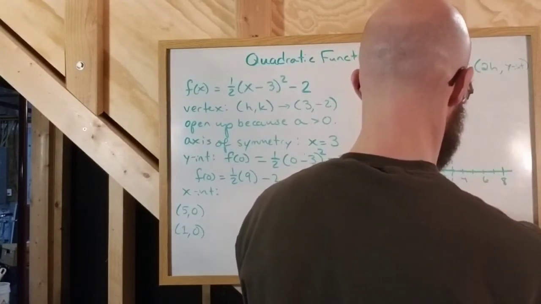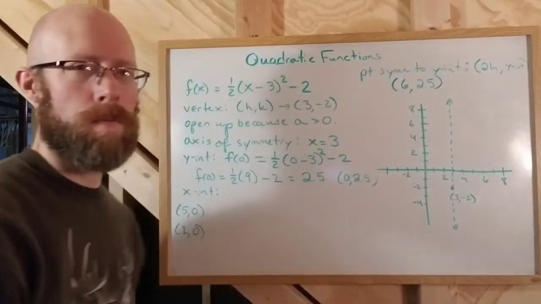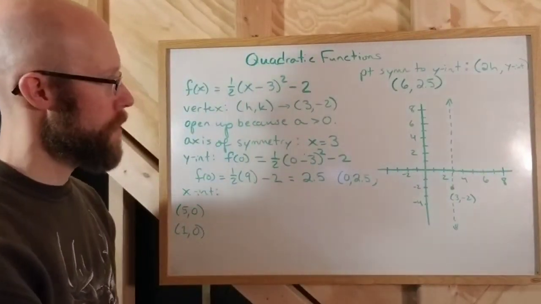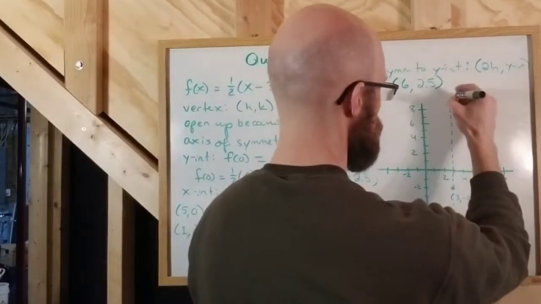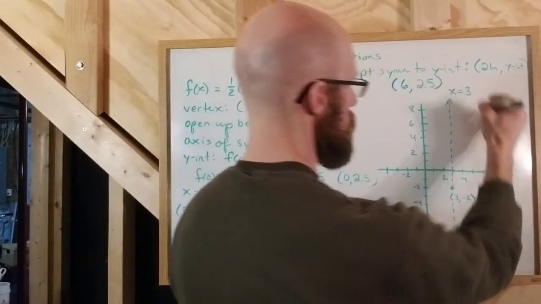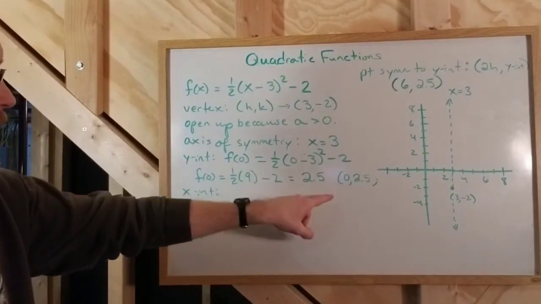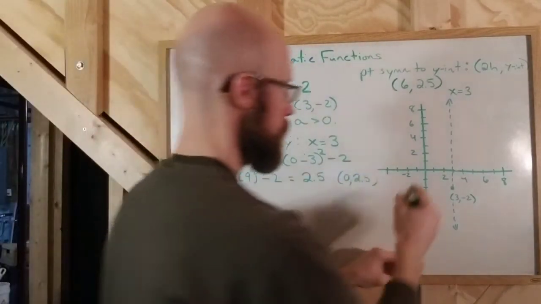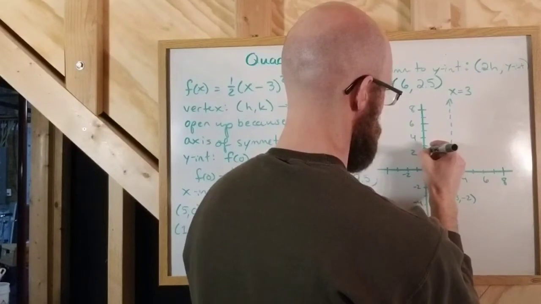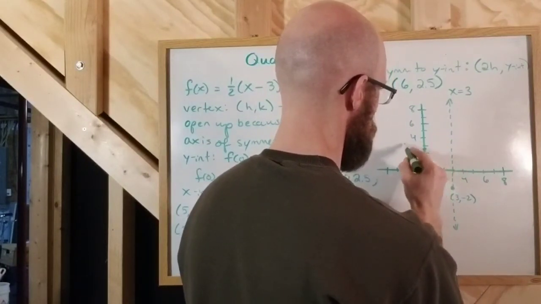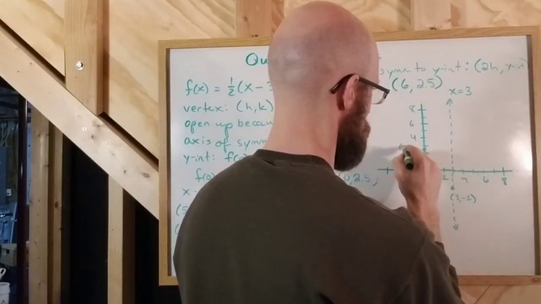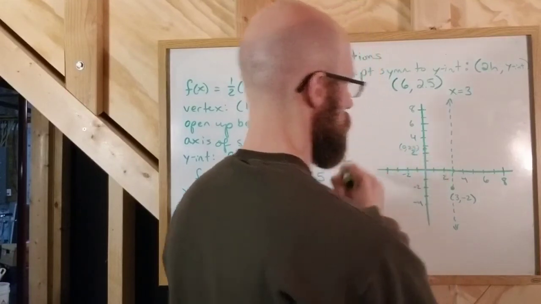There we go. Alright, something like that. That's my axis of symmetry. I should label that. I'll just write x = 3. Then my y-intercept is here at 2.5. Right, so I can plot that in, and we'll call that (0, 2.5).